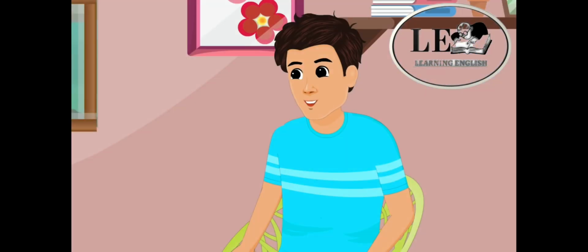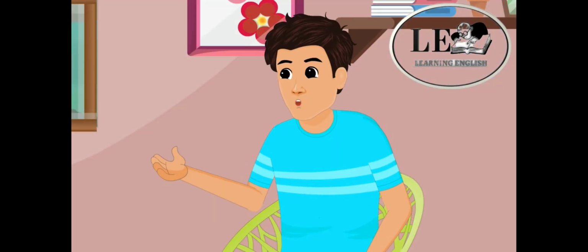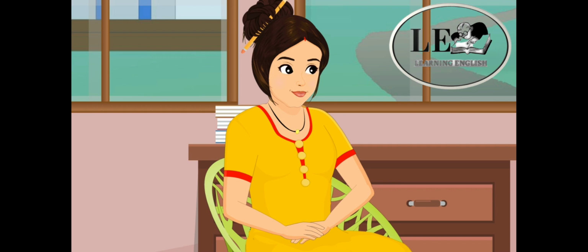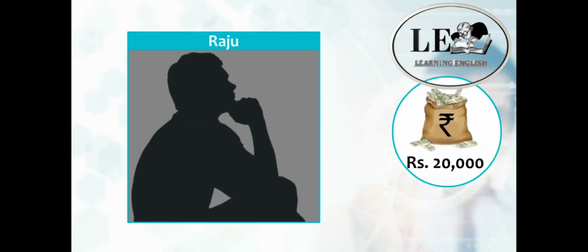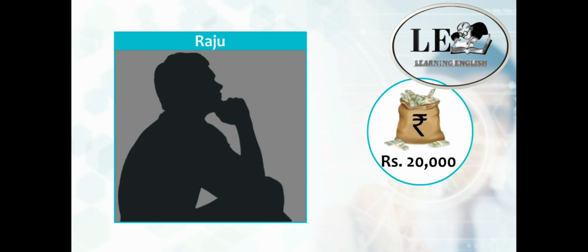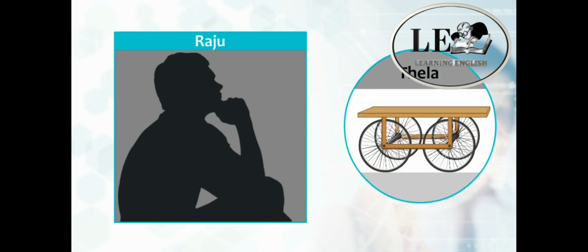Divya ma'am, can you provide me with a simple example so that I can understand better about balance sheets? Sure, Anil. To understand the concept better, let's look at a simple example. Let's say that a person Raju has 20,000 rupees and wants to buy a thela to sell vegetables.